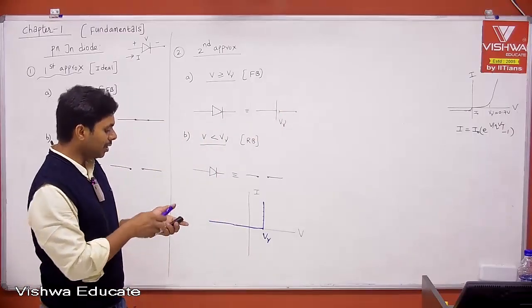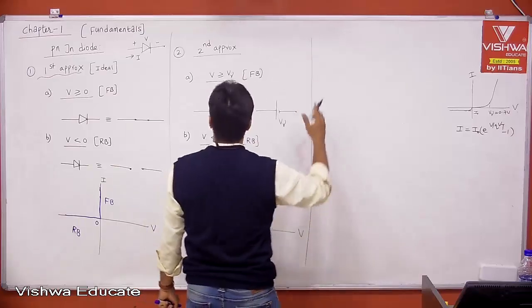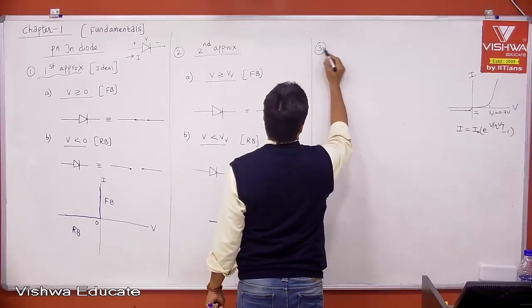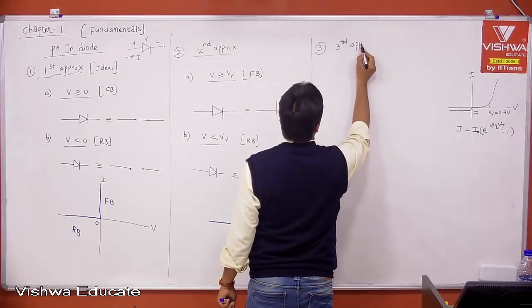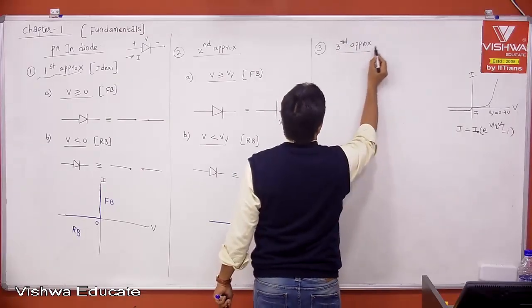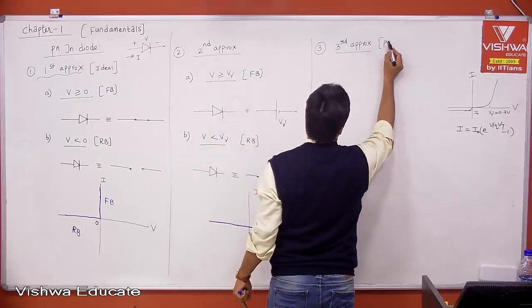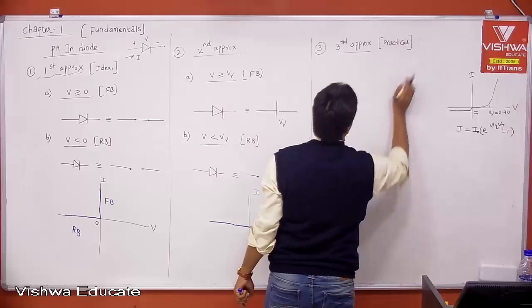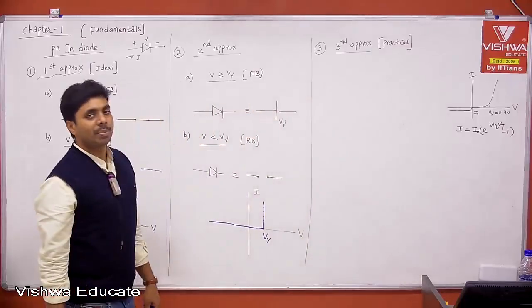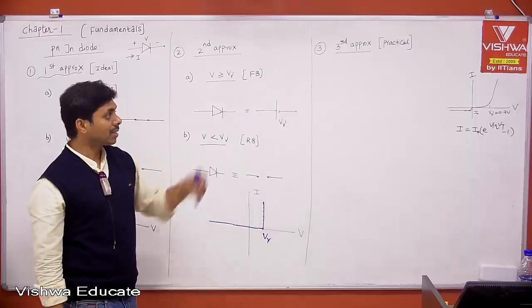Okay. Now, people took the third approximation. It will be a little bit closer, or I can say this is the practical model. I can say both the second as well as the third you can consider a practical diode model, not completely practical, but close to the practical or exact scenario.